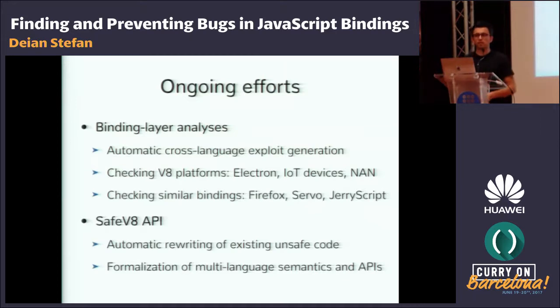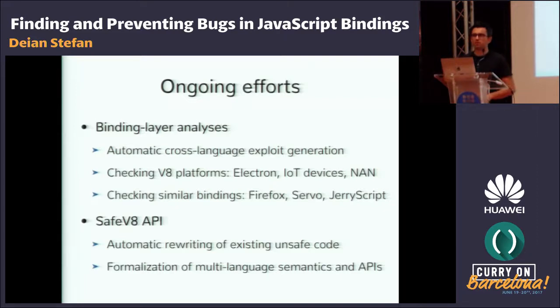Or in things like NAN, which is a wrapper around V8, yet again, but is widely used by mostly third-party packages in the Node ecosystem. And of course, we can take other binding layer APIs and look at those as well. So looking at Firefox, Servo, even JavaScript would be super interesting and something that we have on the roadmap.